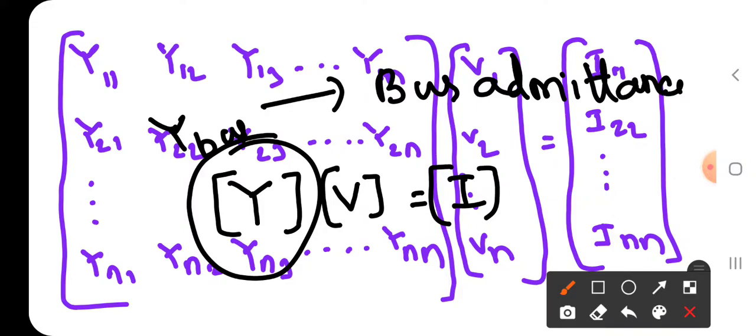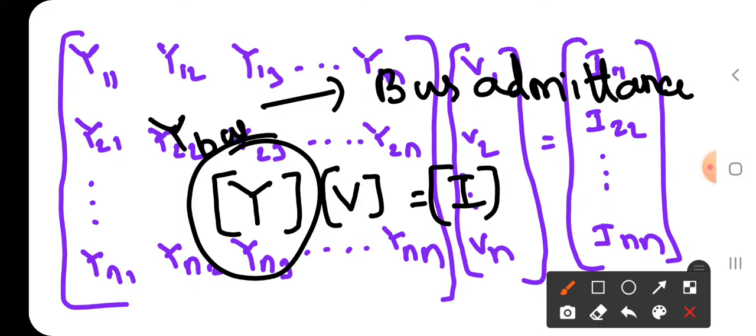The node voltages are called bus voltages. In your syllabus, you don't have the solution of the bus voltages, so let me stop this content here.